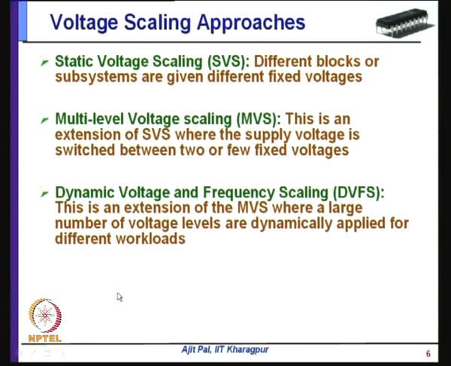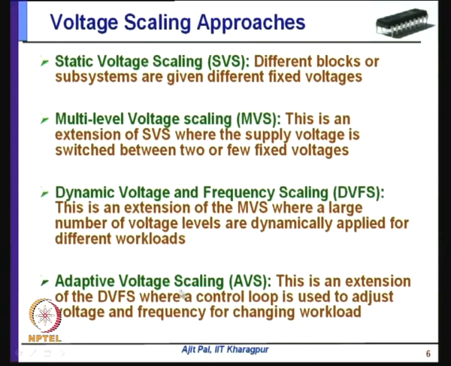Then finally, you have got adaptive voltage scaling, AVS. This is an extension of the dynamic voltage and frequency scaling, where a control loop is used to adjust voltage and frequency for changing workload. So, the other three approaches are identified at design time.